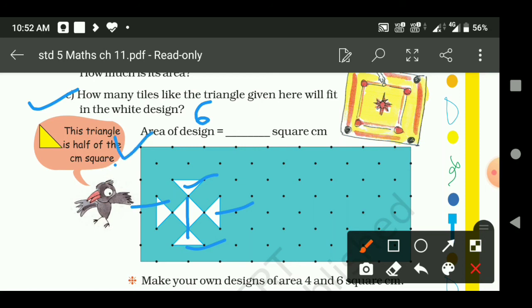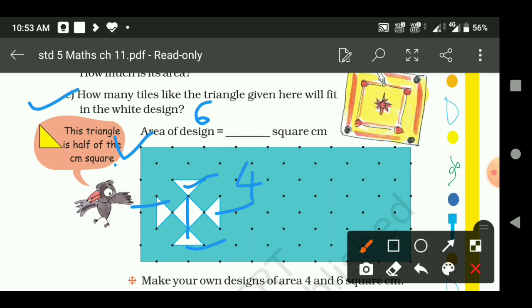Now here is asked area of design is equal to dash square centimeter, and here clue is given this triangle is half of the centimeter square. This triangle is half of the centimeter square, that means 2 triangle will make 1 centimeter square. So here how many triangles are given? 4 triangles.